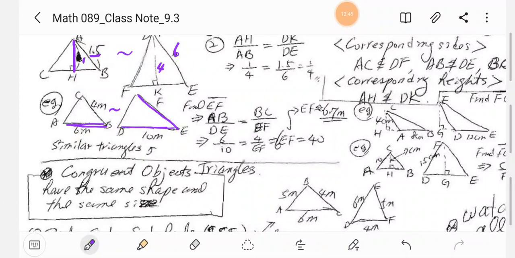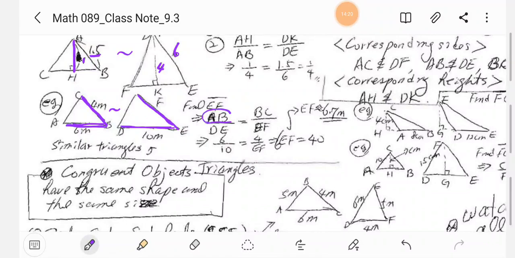So 6 to 10, so side AB to DE. Here AB to DE, right? AB to DE should be equal to what? Length BC to EF, right? Make sense? So this length to this length should be equal to this length to this length.